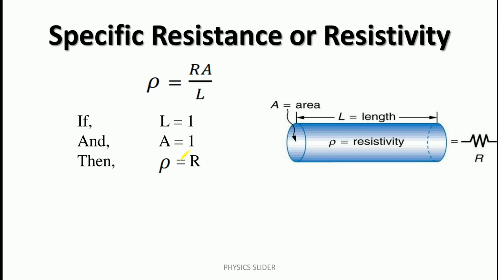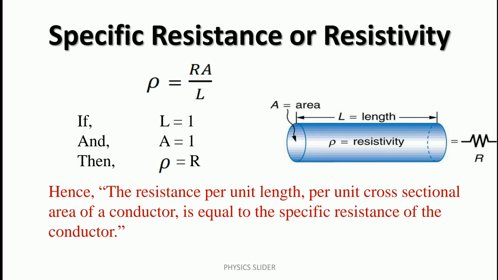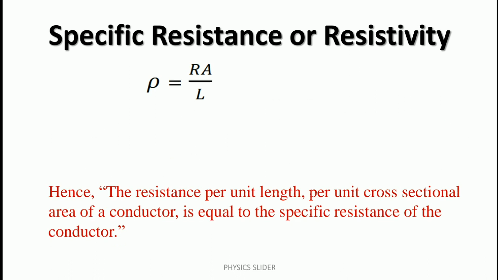The resistance of a conductor of unit length and unit cross-sectional area is equal to the specific resistance of the conductor. So watch here. The resistance per unit length per unit cross-sectional area of a conductor is equal to the specific resistance of the conductor.